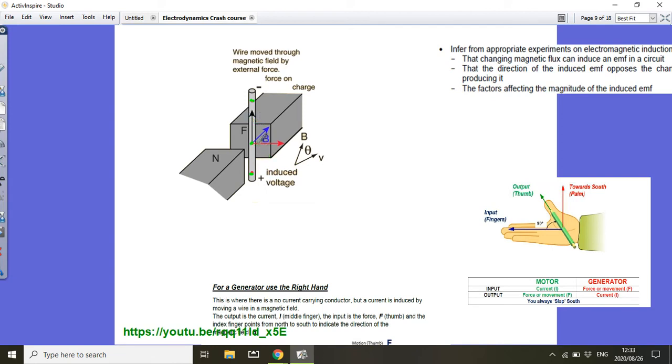I'm going to just write over these. We are going to move the wire in this direction. But now what's going to happen is this little electron here is going to experience a force. And we call that force an electromotive force. You've seen this before. The EMF is also called a potential difference or voltage.